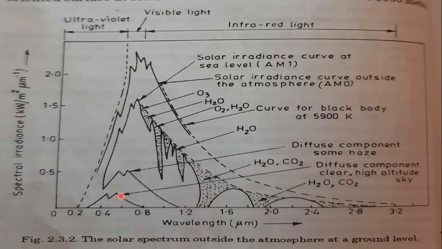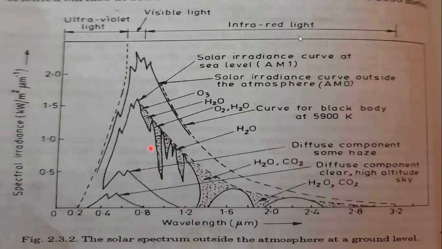If you consider the solar irradiation curves, lower and upper, there is the atmospheric transmission factor. What does this atmospheric transmission factor mean? It is the area under the lower curve divided by the area under the upper curve.